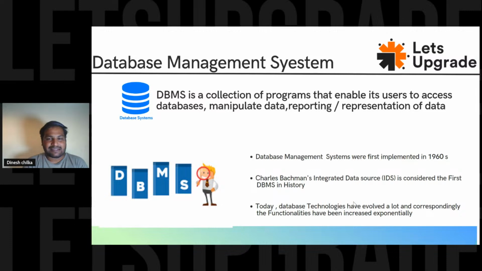Charles Bachman's Integrated Data Store, IDS, is considered the first DBMS in history. And today's databases have evolved a lot, in terms of security and in terms of features. Today's database management systems are really great because technology has evolved and developed a lot. Now let's go to the next.